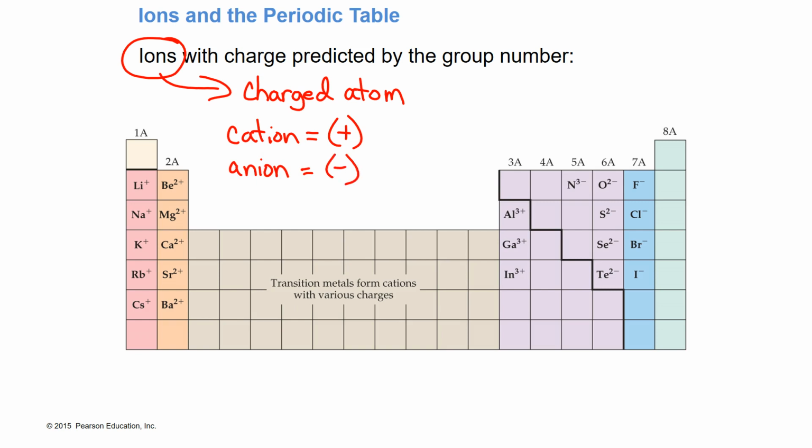All right. So we have two types of ions. An ion is a charged atom. We have a cation, which is positive, and we have an anion, which is negative. All right. That also relates to battery stuff with cathode and anode and all of that.